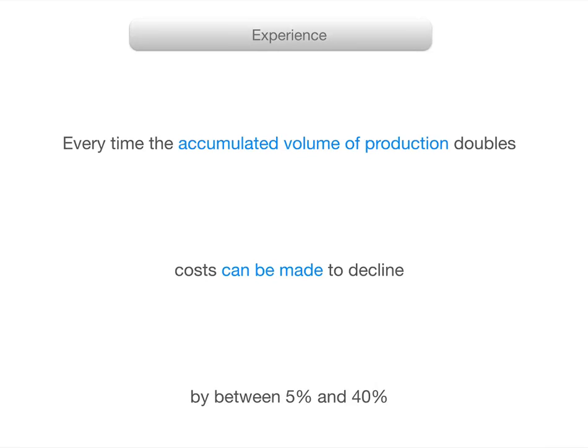And it doesn't happen automatically. It requires managerial action. Can be made. This really meant that future costs could be predicted, which meant that you could price today on the basis of your costs in the future, which were almost certainly going to be lower.